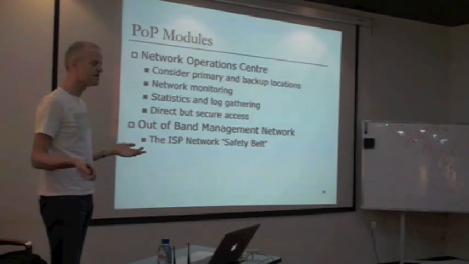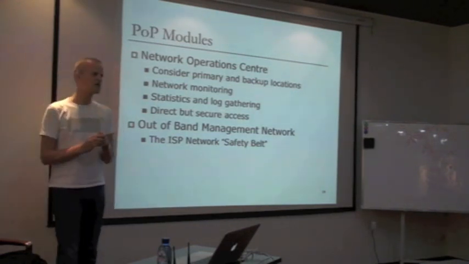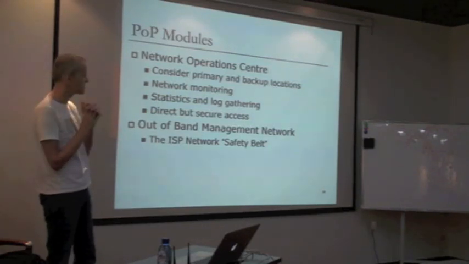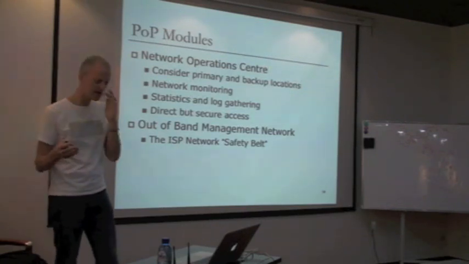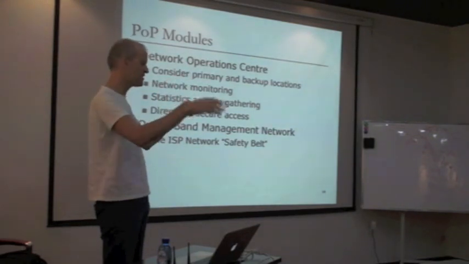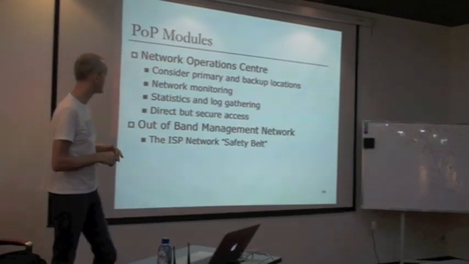You do your security monitoring, intrusion detection, remote triggered black hole filtering, all these things. All is run from the NOC. It's actually a very important part of the ISP. Even a small ISP, set aside a small room where you have a few computers, a few screens that are available for immediate access to the network.